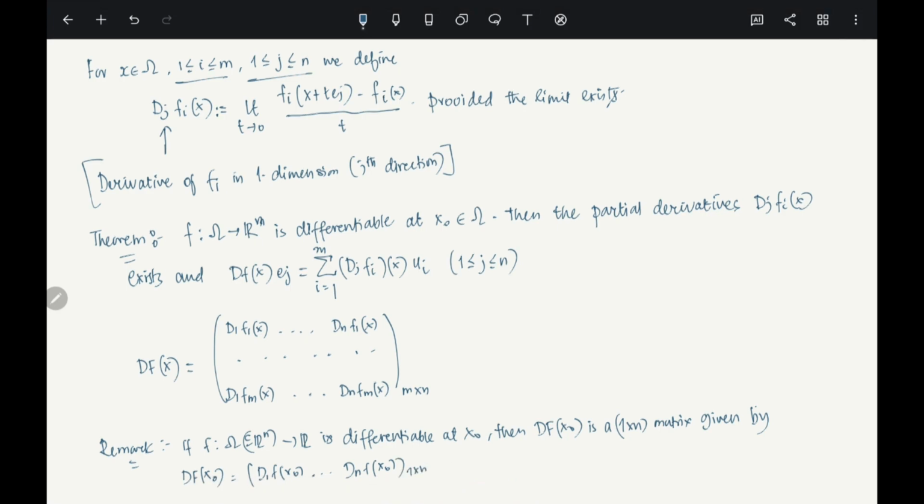One defines the gradient of f in this case. The gradient of f at the point x naught, we identify with this matrix df(x naught).